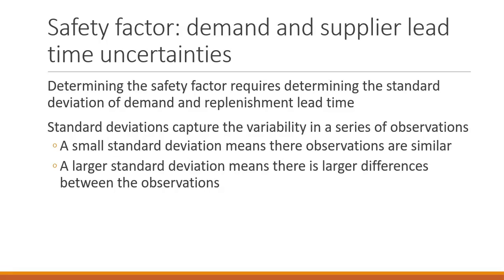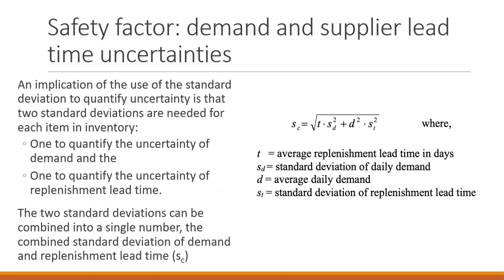A small standard deviation means we have similar observations, and a larger standard deviation means there are large differences between our observations. The use of a standard deviation to quantify uncertainty means that two standard deviations are needed for each item of inventory.